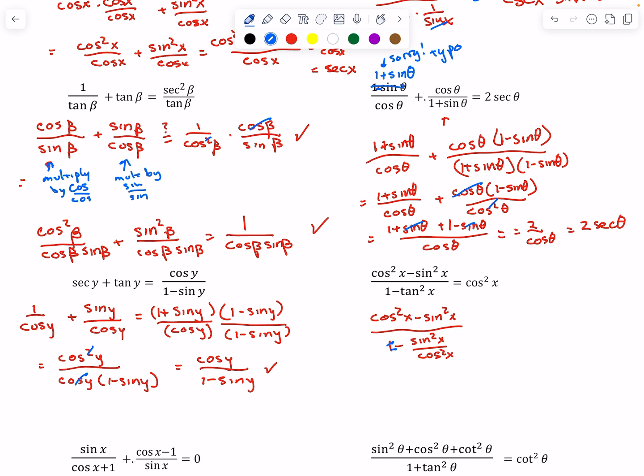And because these are all squished together, I'm just going to write it on top of it. So the common denominator on the bottom is cosine squared. I'm tired. All right, so what do we have?